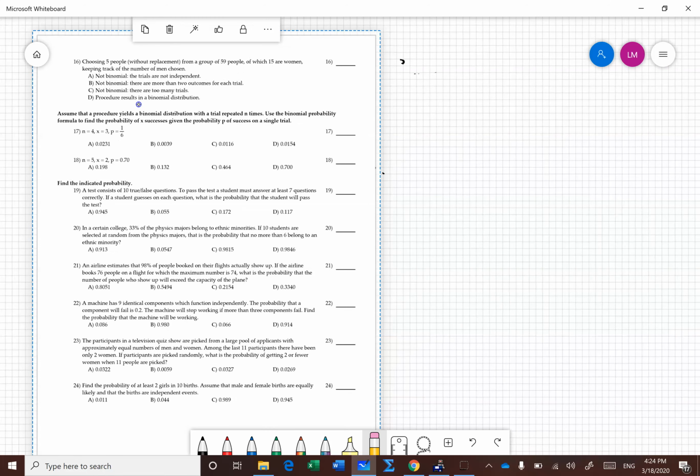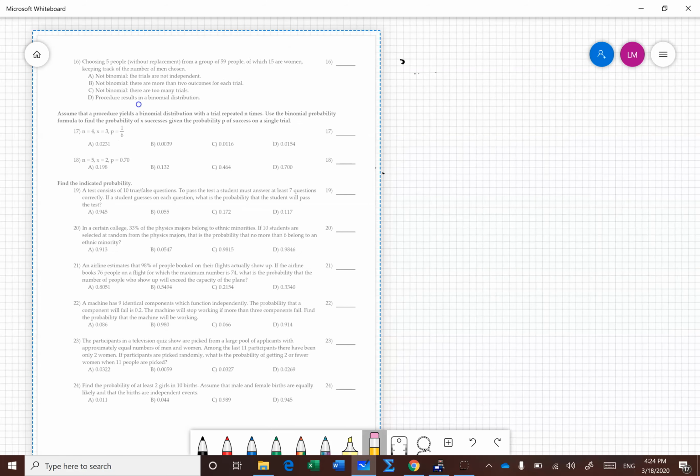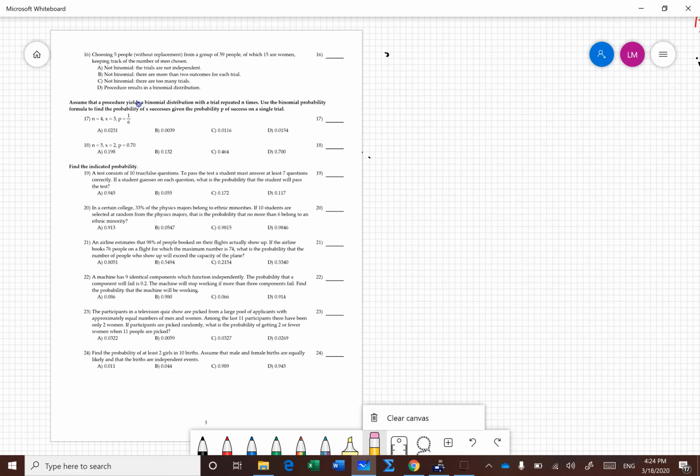Okay, now, this question is whether it's binomial. Choosing 5 people without replacement from a group of 59 people, 15 are women. So we have, oh, this is not. Because you have 15 women, then you have 45 men, because together they have 59.